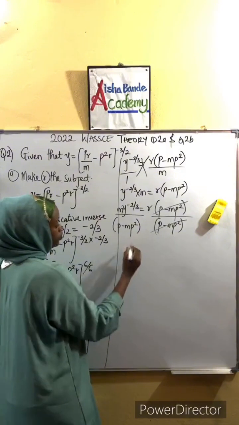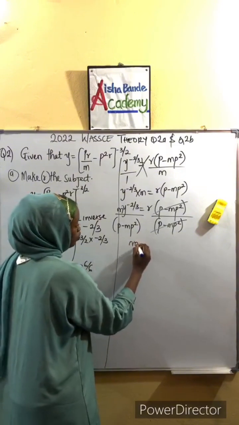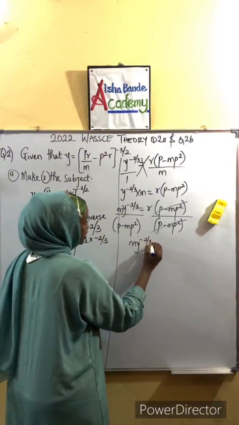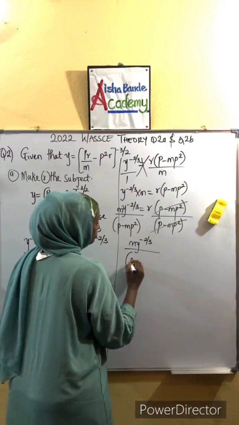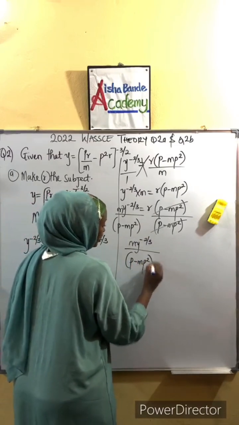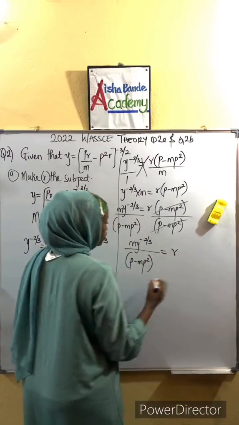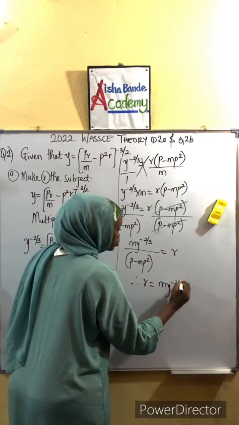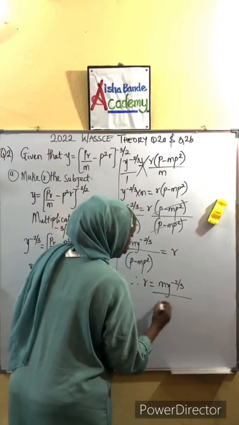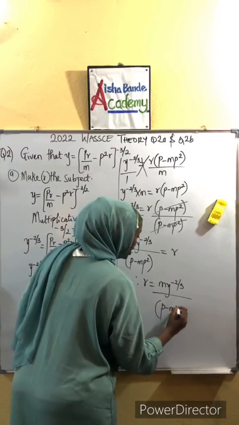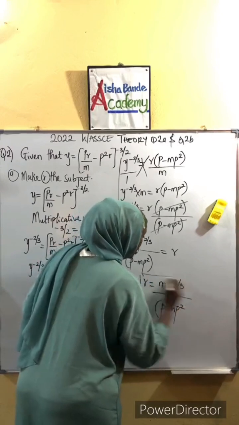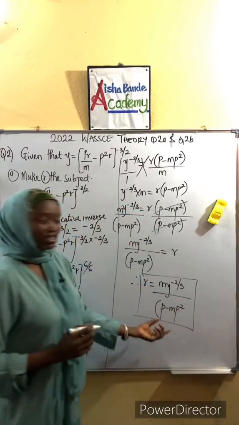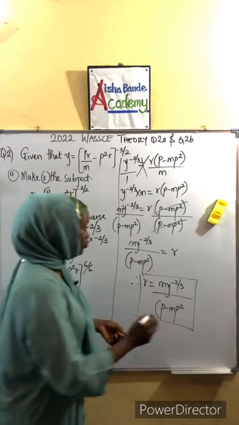What we are left with is m y raised to the power minus 2 over 3 over (p minus mp squared) is equal to r. Therefore r is equal to m y raised to the power minus 2 over 3 all over (p minus mp squared). So we've made r the subject of the formula, and this is the final answer we are having.